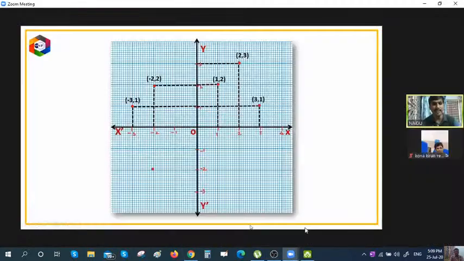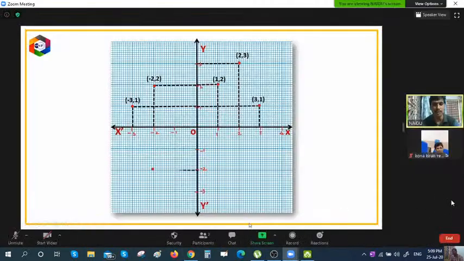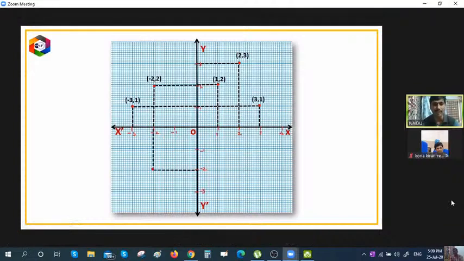It is -2 units in the x direction and -2 units in the y direction, so it is named (-2, -2). In the same way, this point is -1 unit toward the negative x-axis and 3 units toward the negative y-axis, so it is named (-1, -3).